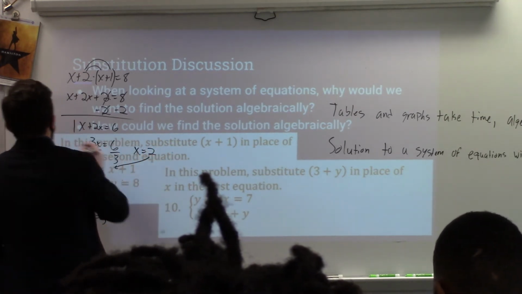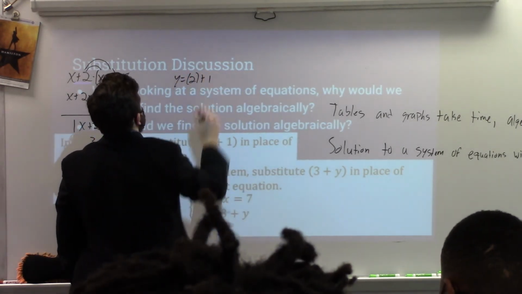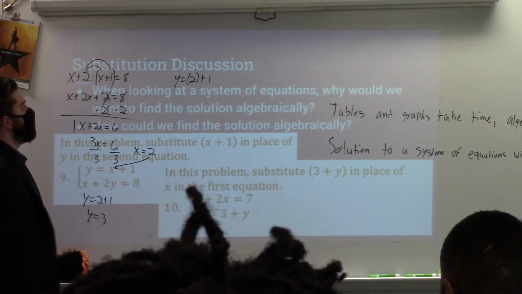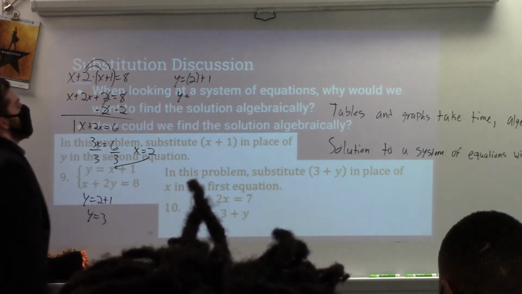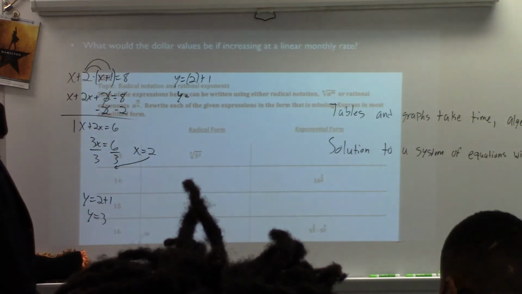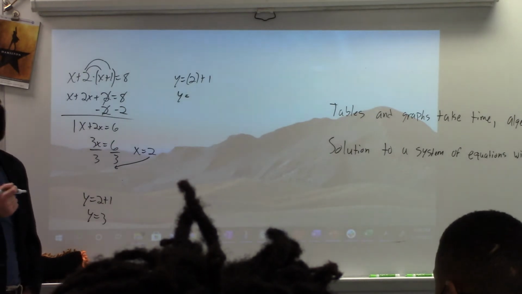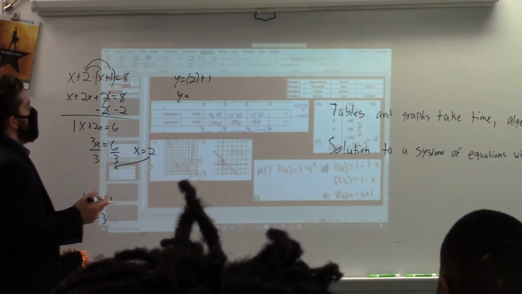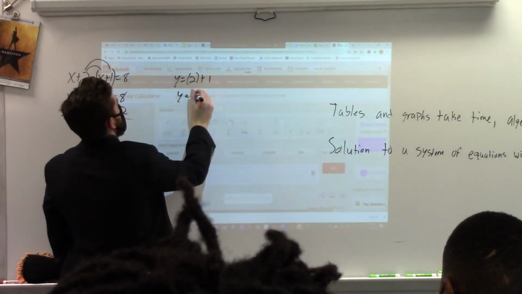So you need to write it like y equals (2) plus 1? Would this give us the same thing? Nope. Why not? Think about multiplication. What would we multiply? X by 2? No, nothing. We don't have an x, right? So you do the same thing.